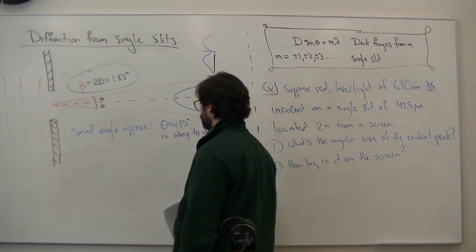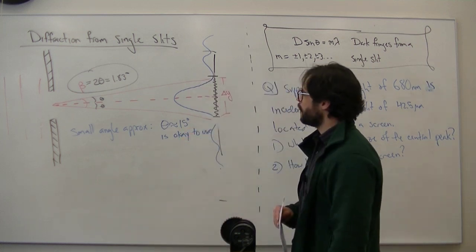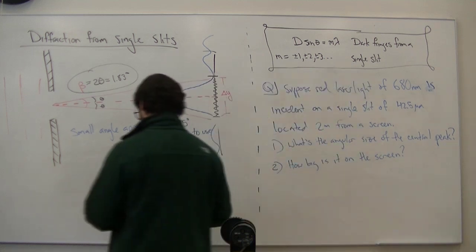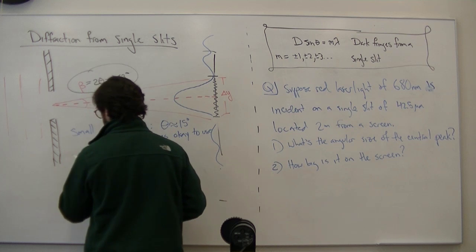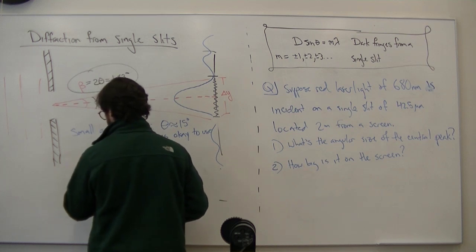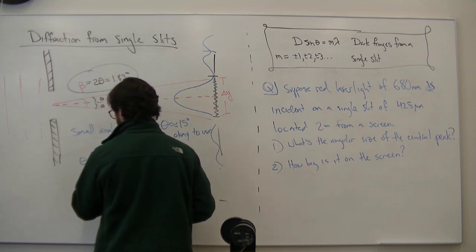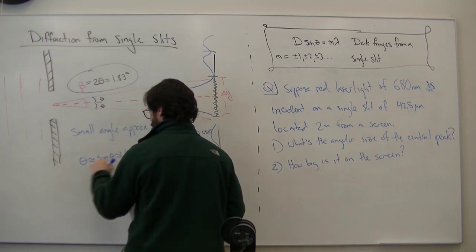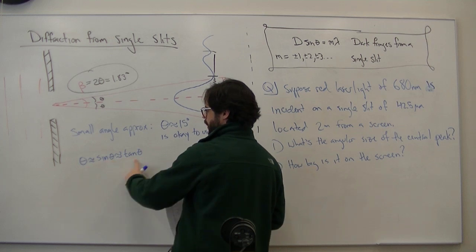At least in this class. We have an angle that's 2 degrees, so we're completely justified in using the small angle approximation. And what the small angle approximation essentially says is that all of these things can be treated the same. Theta, sine theta, tan theta.